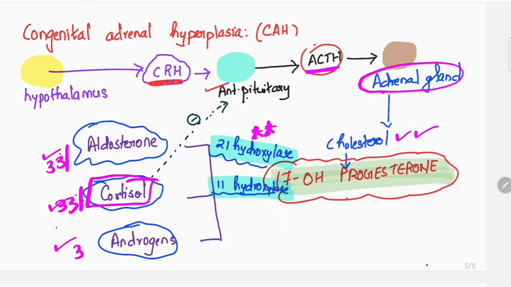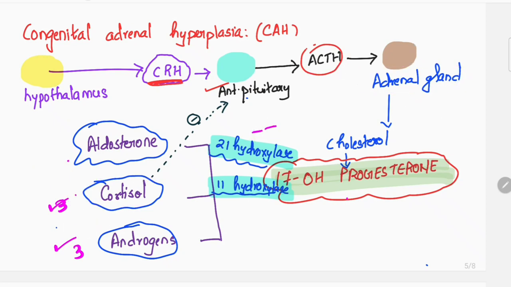Now what happens in congenital adrenal hyperplasia is that both the enzymes, 21 hydroxylase and 11 hydroxylase, will be deficient, will be absent. So what happens?